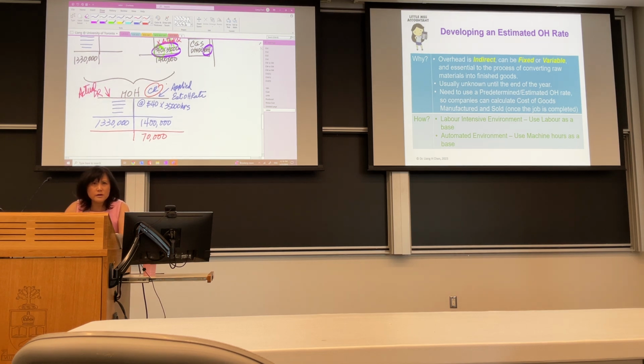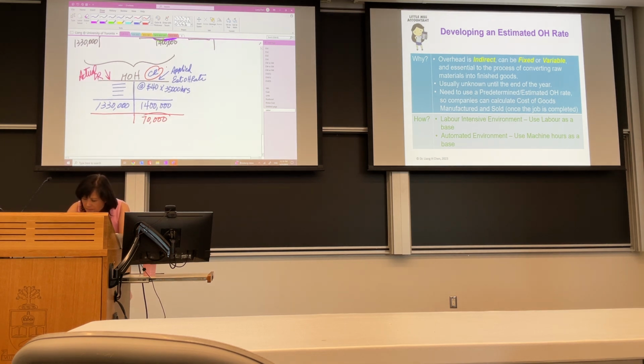This is important. When you have a credit balance, it means you over applied. If you have more on the debit side, it means you under applied, because the actual cost is more and you did not apply enough. So remember that: debit balance, under applied.